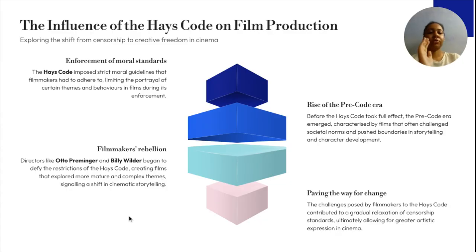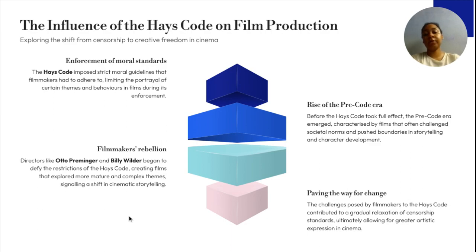It was characterized by films that often challenged societal norms and pushed boundaries in terms of storytelling and character development. Some filmmakers had tried to do the same when the Hays Code came about, but the Hays Code was already there to restrict that.